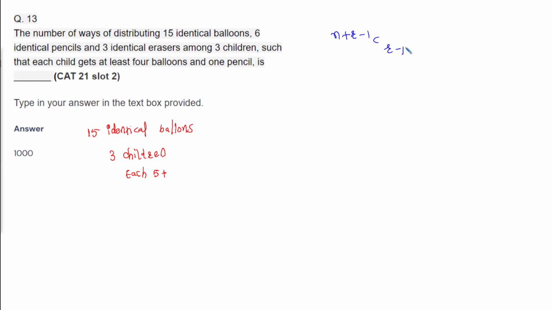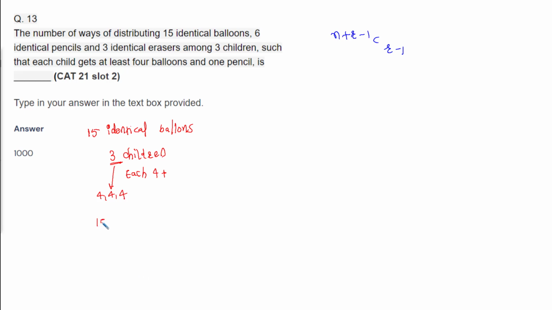Before we use this formula, the condition is every child should get at least, let me correct, at least 4 balloons. So what we will be doing, we will distribute 4 identical balloons to each of these 3 children.